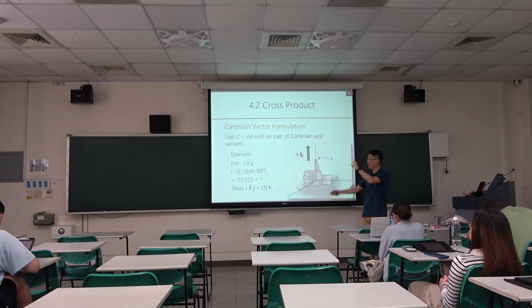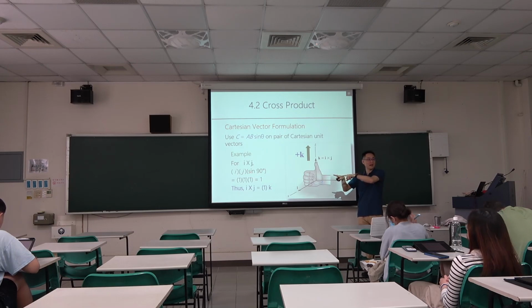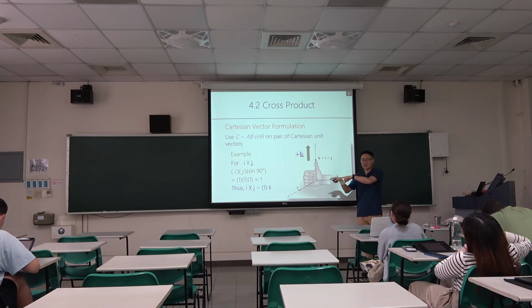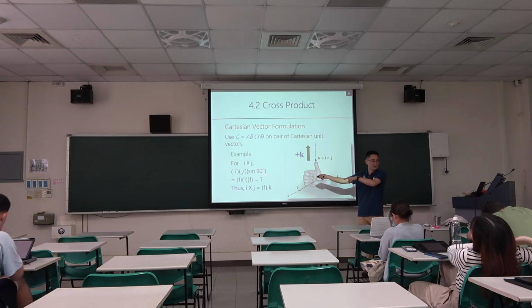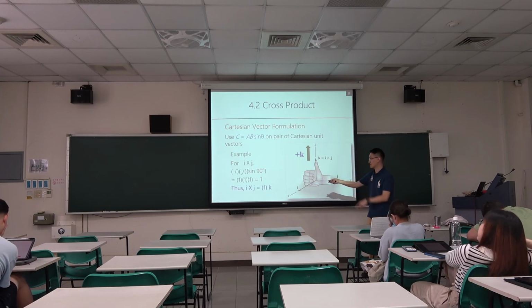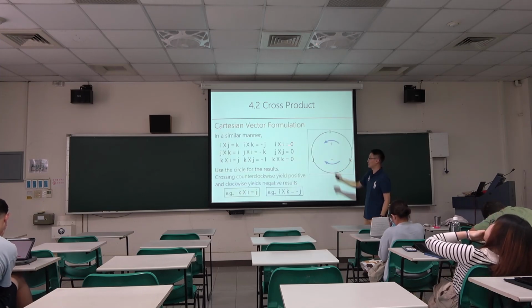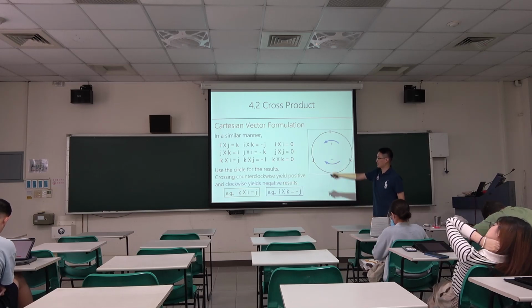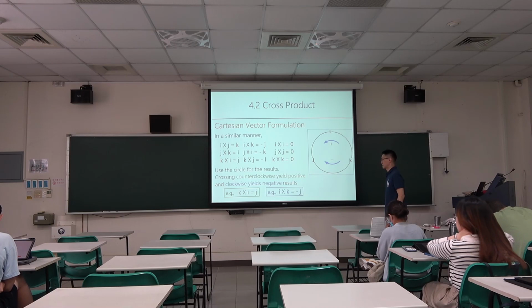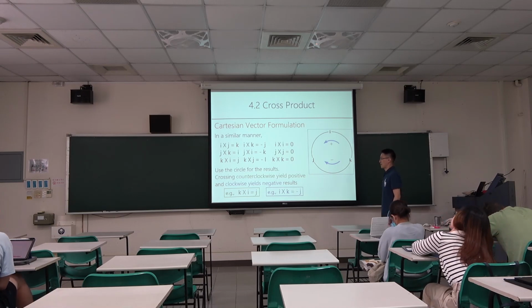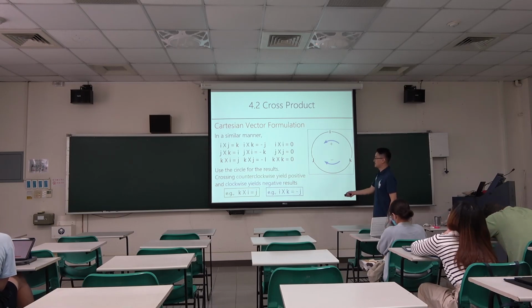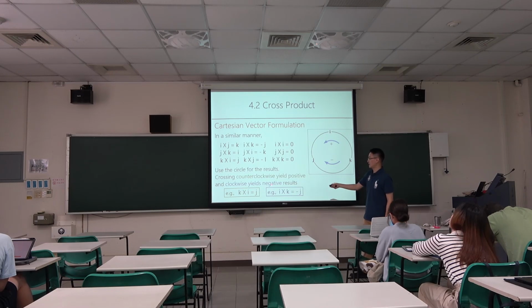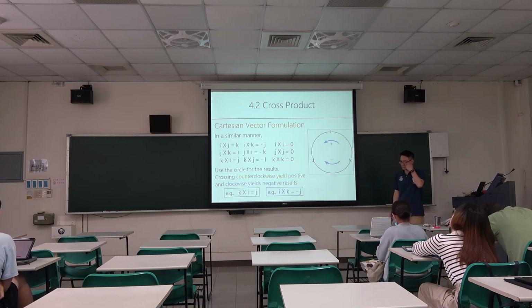Remember from previous calculation, if two vectors have the same direction, its angle is 0. So sine 0 is 0, so we don't need to work that out. Then it gives you the positive and negative meaning. Clockwise is negative. Counterclockwise here is positive.